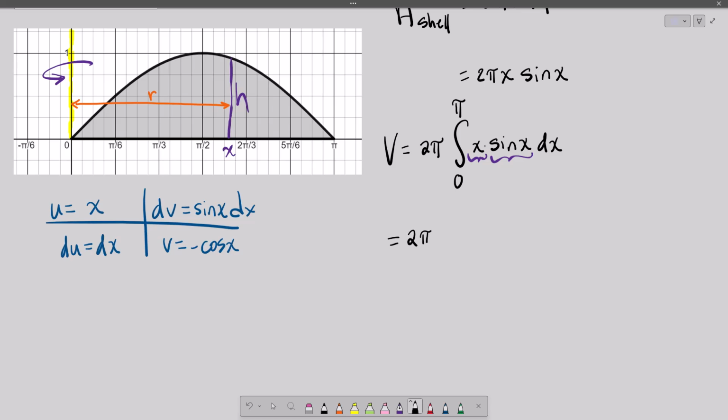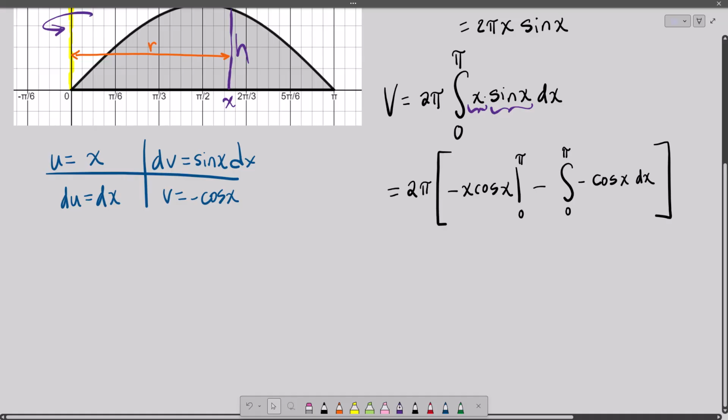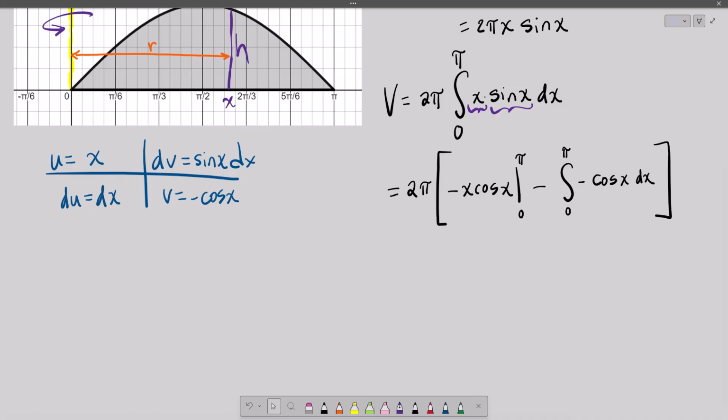So we have the 2 pi, but then we're going to have these huge brackets because this whole integral is going to turn into our uv minus integral of v du. So the uv part is minus x cosine x from 0 to pi, minus the integral of minus cosine x dx. Close the big brackets. So if you don't put your constant on the inside, then you've got to deal with this distribution later, which we're going to do.